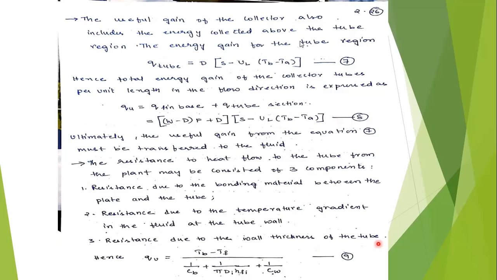We use some thickness for the tube so that the heat inside the fluid will not be exchanged to the atmospheric temperature. This wall thickness also offers some resistance to the heat flow.